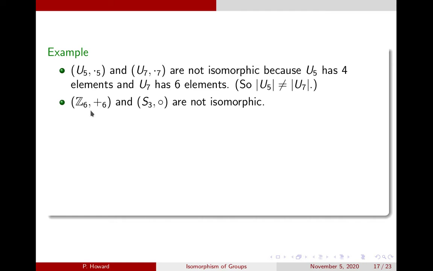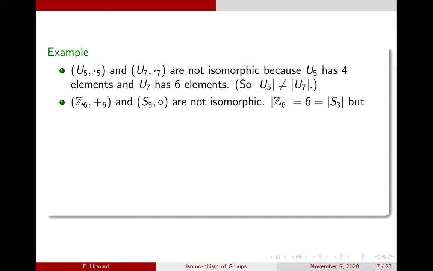Z sub 6 with the operation plus sub 6 and the symmetric group S sub 3 with composition are not isomorphic. So this is the group S sub 3 that we looked at earlier in the slides, the set of all permutations of the numbers 1, 2, and 3. They do have the same number of elements. S sub 3 has 3 factorial, or 6 elements, and Z sub 6 has 6 elements.